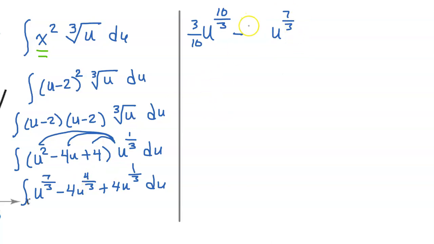We already have a 4 sitting there. Then we need to divide by 7 over 3. But that's the same as multiplying by 3 over 7. There's another 4. Adding 3 over 3 to 1 over 3 gives us 4 over 3. Then we need to divide by 4 over 3 by multiplying by 3 over 4.